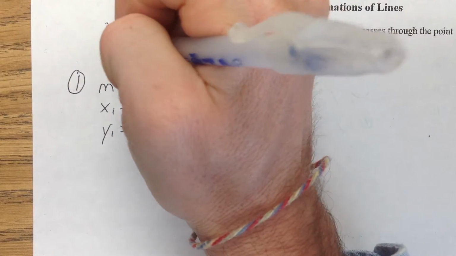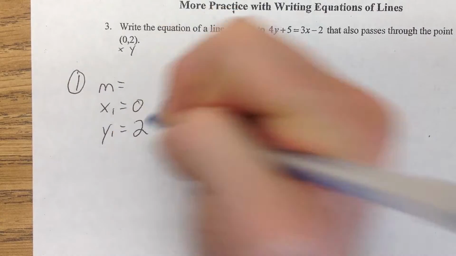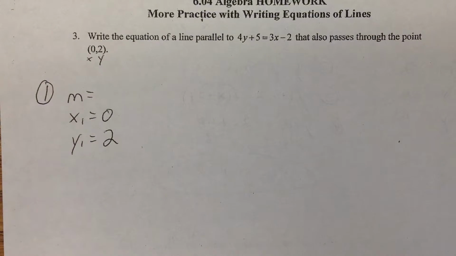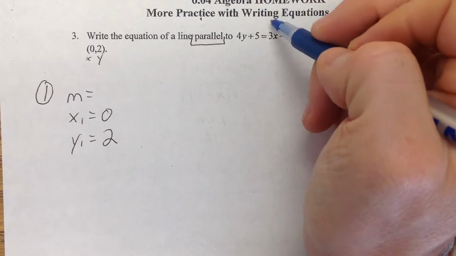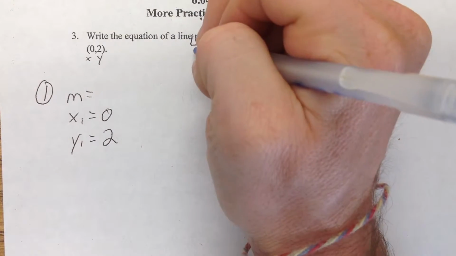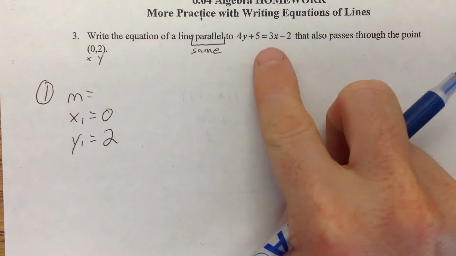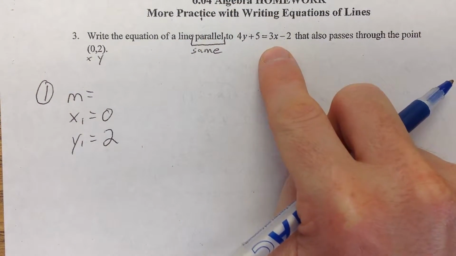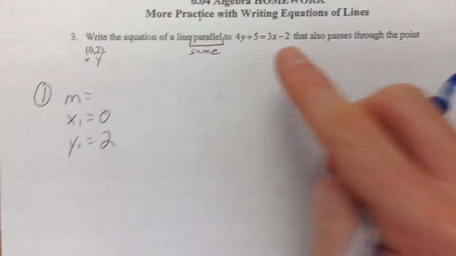Here's our point, so the 0 is our x, the 2 is our y, so 0 and 2. Now again, they're not giving us the slope, but what they're telling us is that it's parallel to this line right here. And what we learned about parallel lines is they have the same slope. So if I find the slope to this line, I know I can use the same slope over here for this new line I'm trying to create.